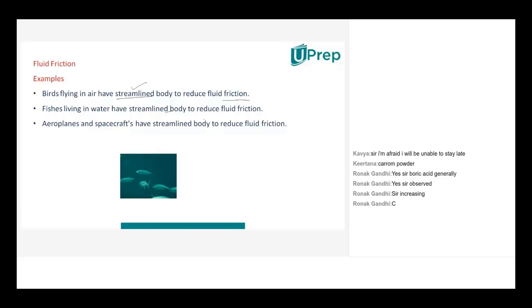Now let us learn about fluid friction and the factors it depends on. The first factor is the speed of the object. The second factor is the shape of the object. Next, the size of the object. Next, the nature of the fluid. So fluid friction will depend on these four.